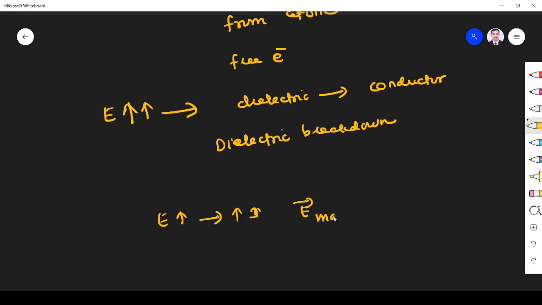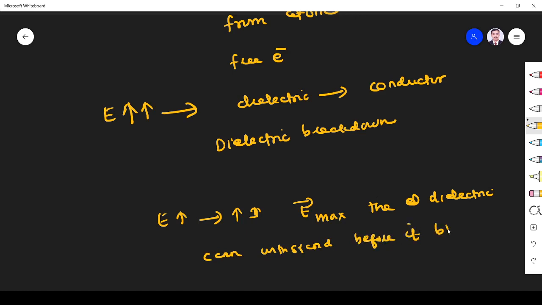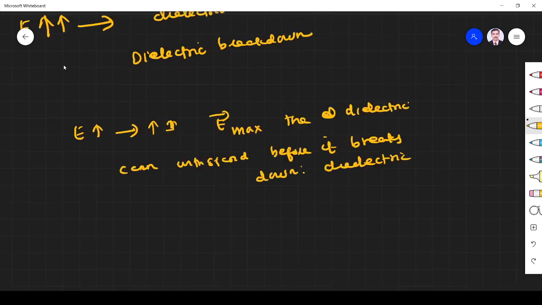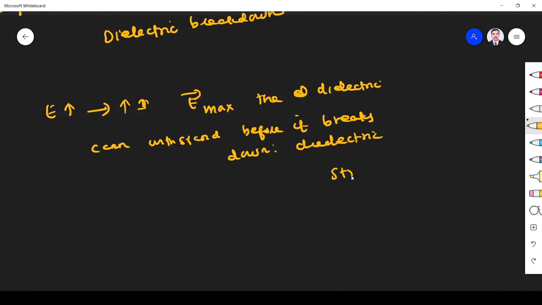The maximum electric field the dielectric can withstand before it breaks down is known as dielectric strength. Dielectric strength is nothing but the maximum electric field your dielectric can withstand.